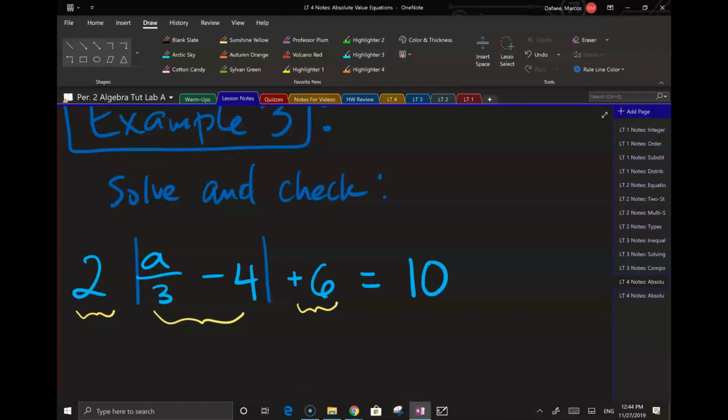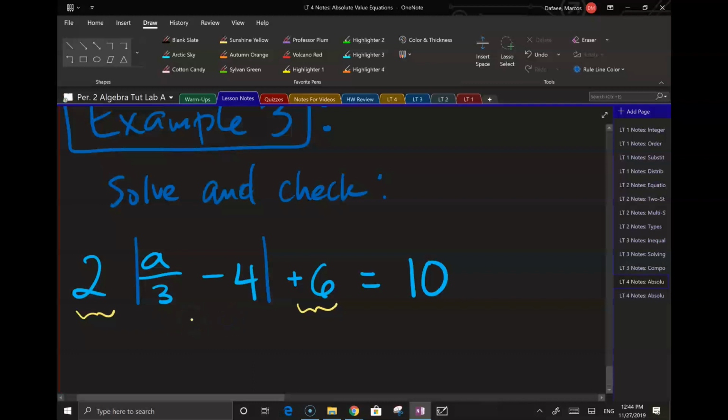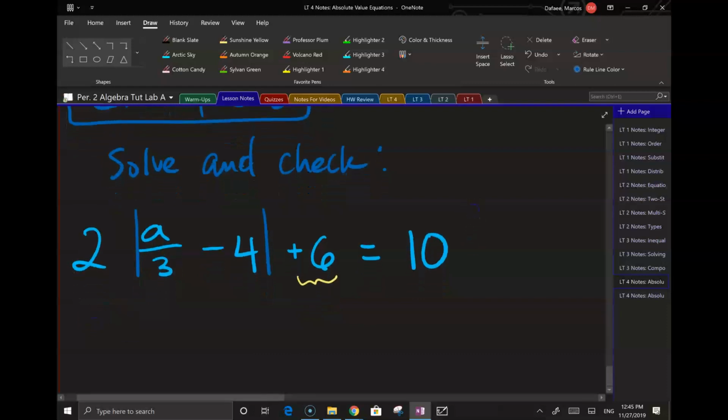So first, I need to focus on this 6 and the positive 2. Now, if you think about the order of operations, addition and subtraction happens before multiplication. We're going to work with that same principle here, but in reverse. So because we are undoing things in order to solve, we have to first tackle the addition and subtraction part before we do the multiplication division part.